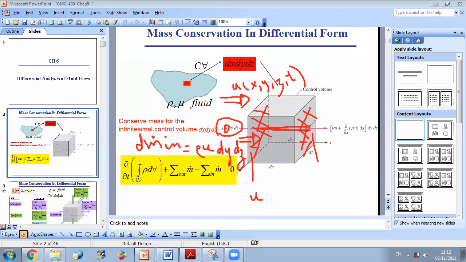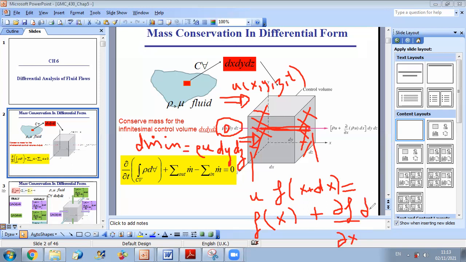So from Taylor expansion, if I have a function f of x, I can express f of x plus dx as a function of f of x by doing a Taylor series. If I just consider the first order term, it is equal to f of x plus del f by del x times dx.